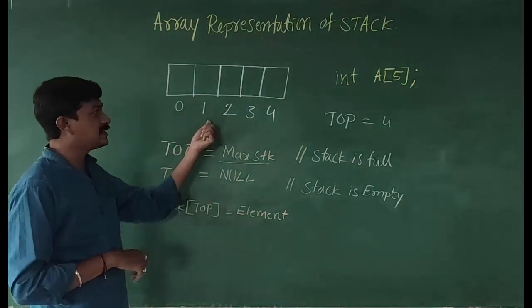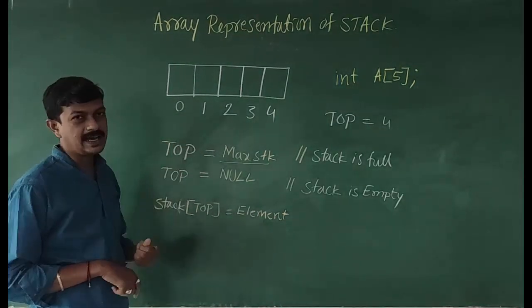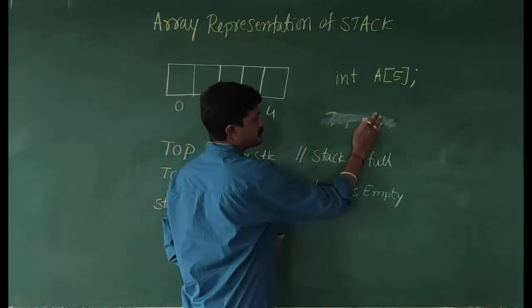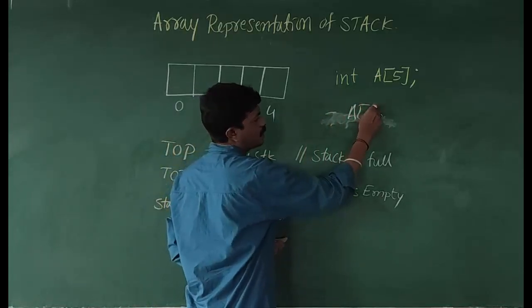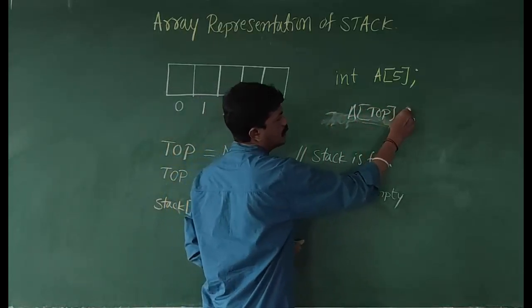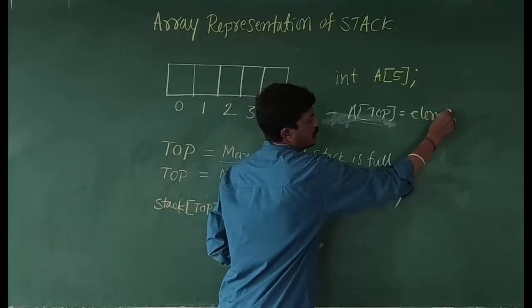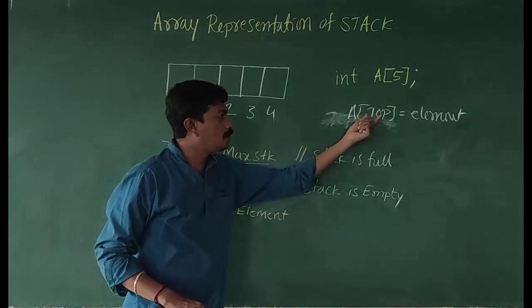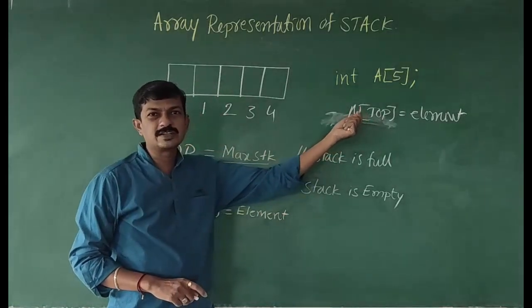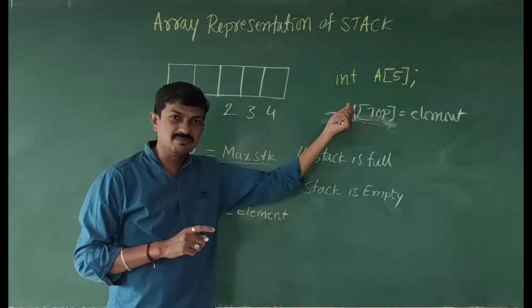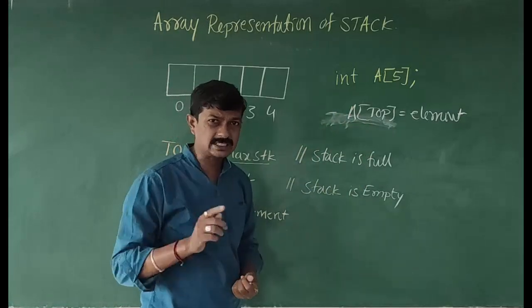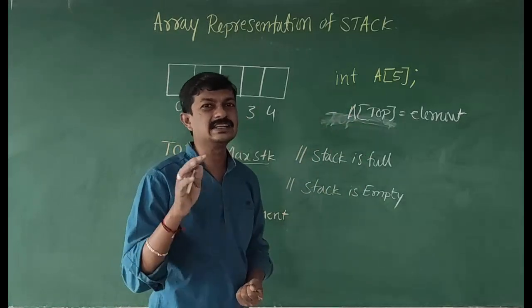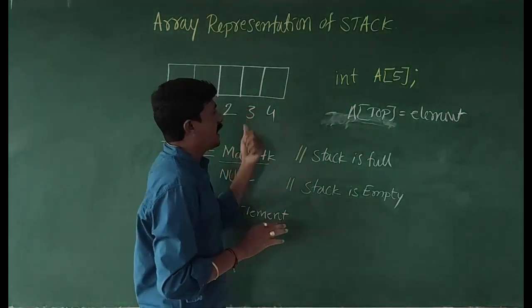Now I want to insert an element into this array. Simple: A of top equal to element, where top is the pointer from which end we are inserting and deleting an element from this array.